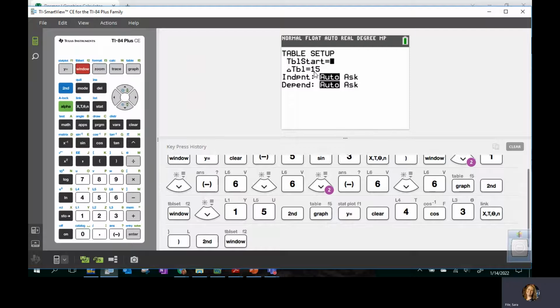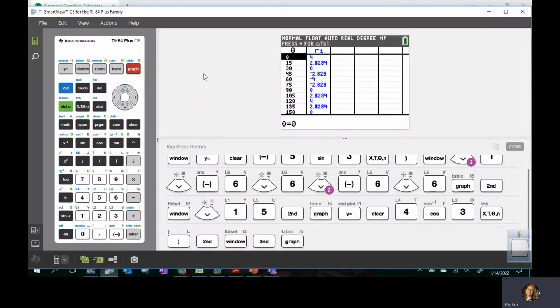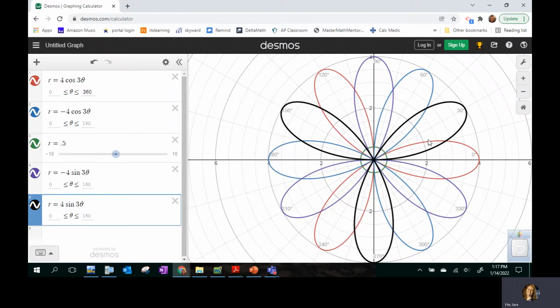When we were doing spirals, it was set to 45, but for these other shapes, you should set it to show every 15 degrees. So then when I go to look at the table of values, I have more points. I can plot a point at 0 degrees and at 30 and 45 and 60 and 90. So I can actually get the width of the petals correct.